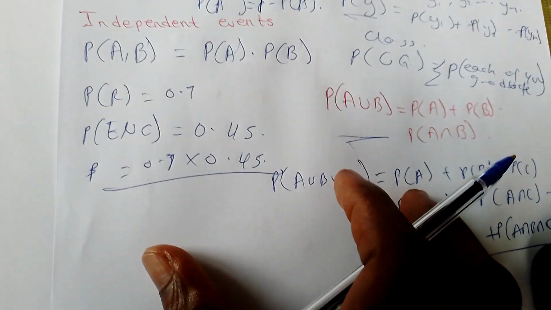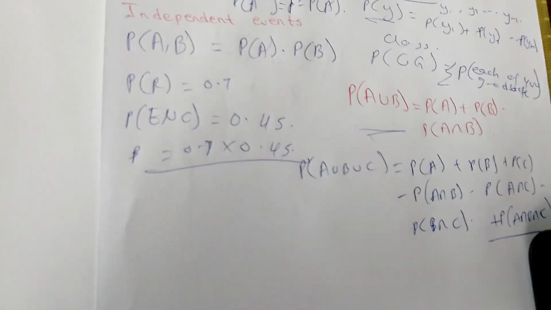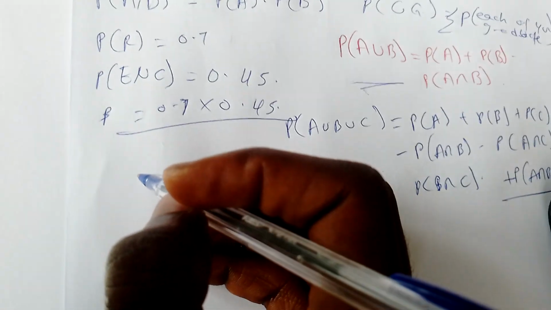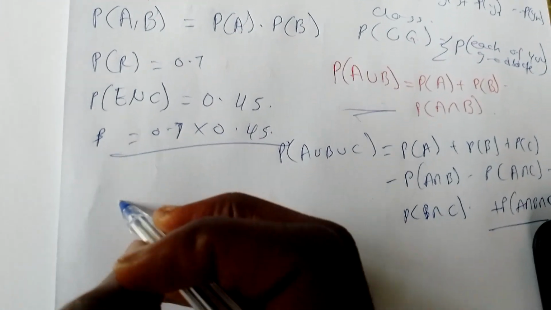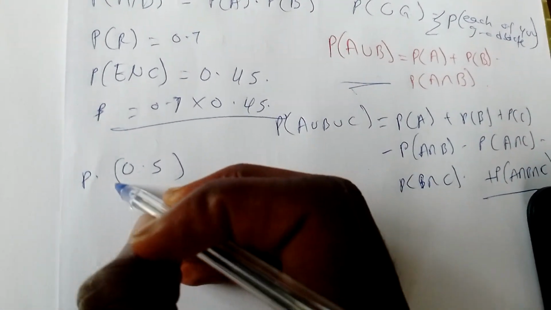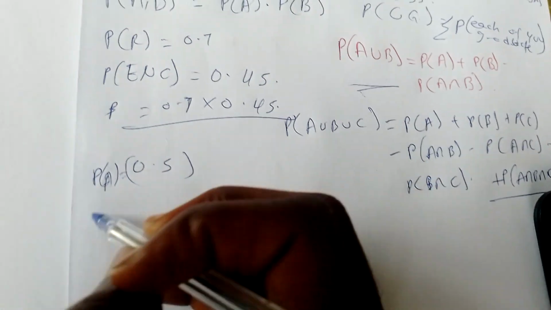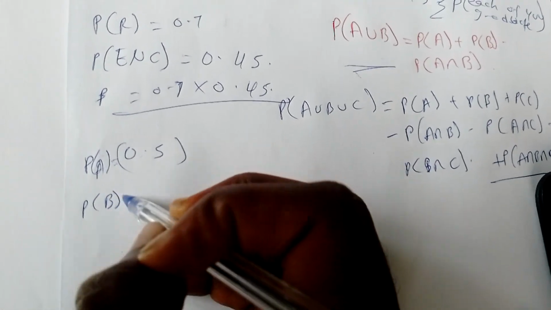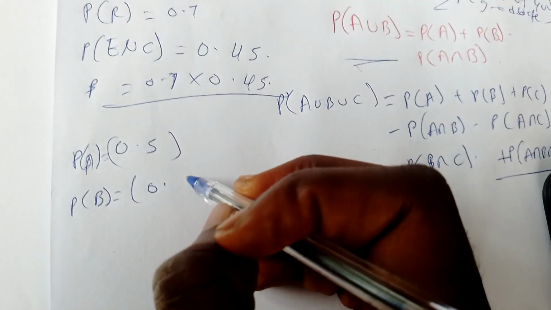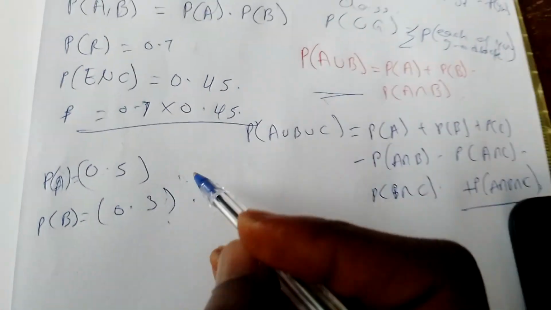Now let me pick smaller numbers so that we see what is really happening when you're talking about independent events. Let's say the probability of A happening is 0.5. Probability of B happening, let's say, is 0.3, right? Now these are independent events.